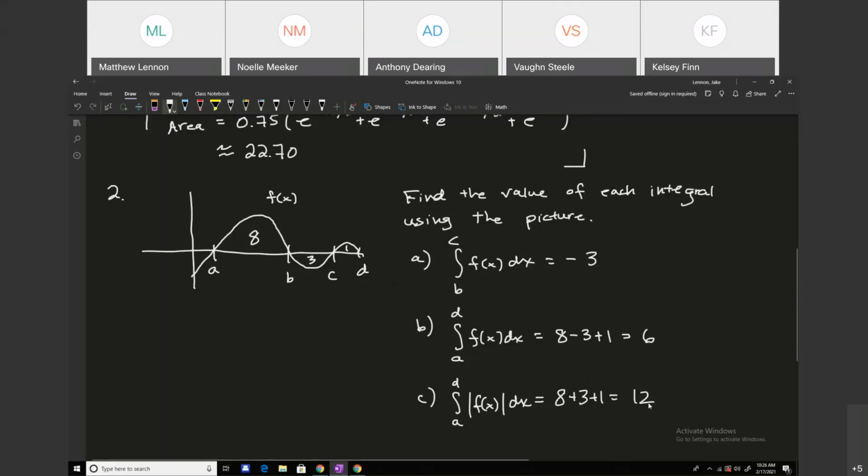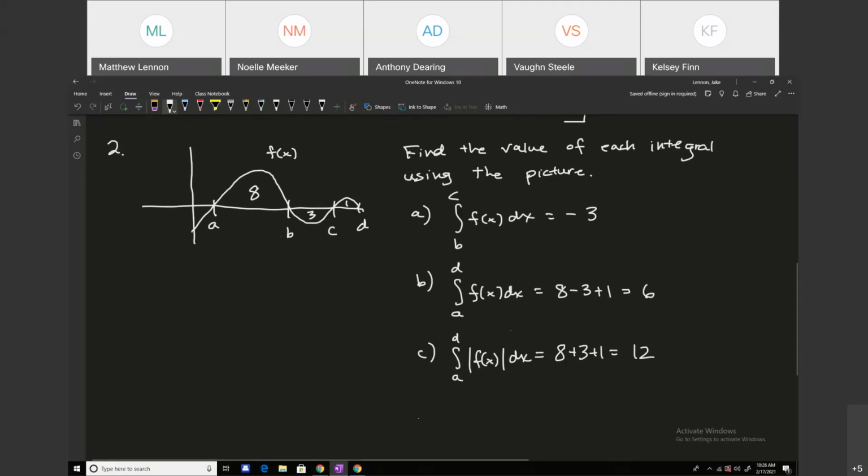You just have to remember that as you're going from left to right, your areas are positive if they're above the x-axis, and below they're negative. If you go the opposite direction, they'll also turn negative. So let's say part D, I'm integrating, but I'm starting at D and finishing at C of f of x dx. Well, what is this doing?